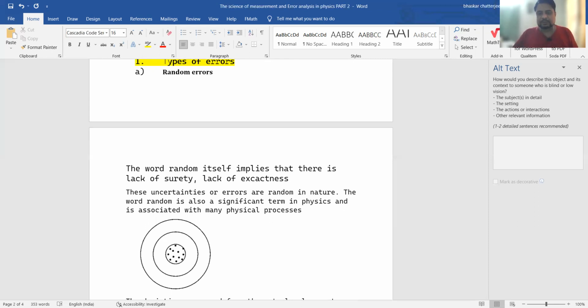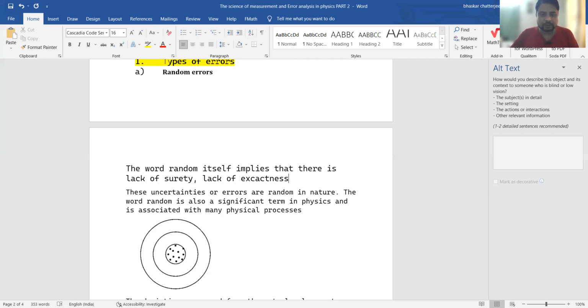These are the errors or uncertainties that are defined in most textbooks as being random in nature. Random means they don't have any exact direction. And this word random is a very significant word in physics.